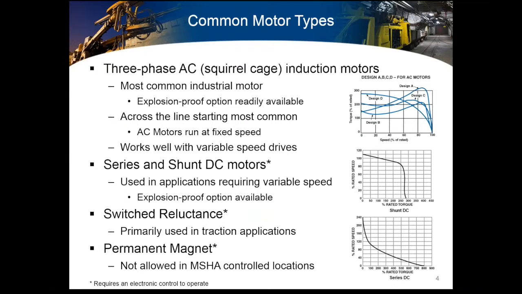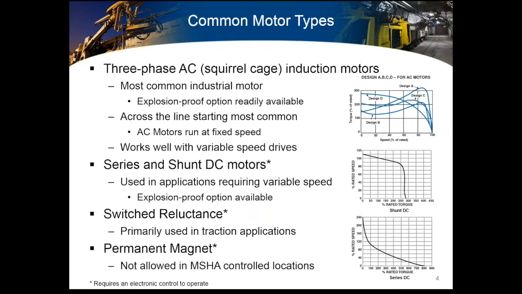They are available explosion-proof as an option, though it's a little bit more difficult and more costly with DC motors. If you look at the charts on the right-hand side, middle and bottom, it looks at a typical speed torque curve of a shunt motor and a series motor. As you can see in the bottom chart, a very high amount of torque at low speed, and so generally series motors would be used in traction applications.